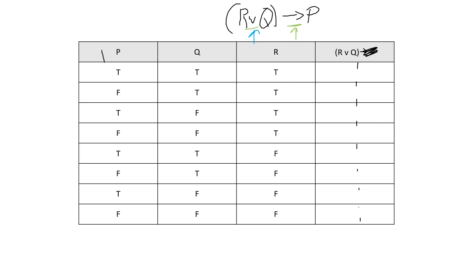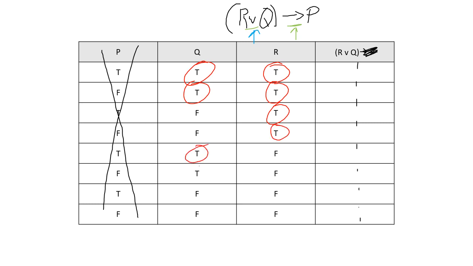So here we're just going to ignore the P, we don't have to look at that part of the key. We're just looking at the R's and Q's. So where is a wedge true? Well, a wedge is true wherever at least one of the sides is true. So we've got one true here, true, true, true, true, true, true, and then the rest of them are false.